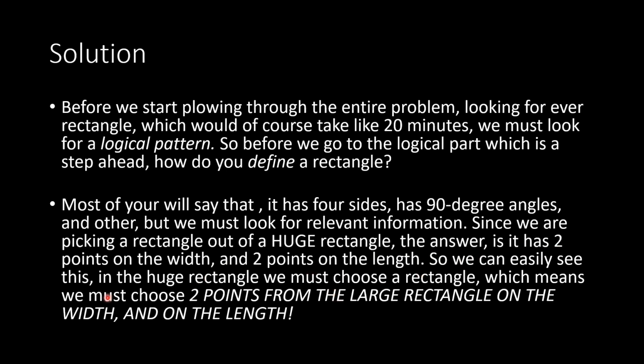So we can easily see this is the huge rectangle, and we must choose a rectangle, which means we must choose 2 points from the large rectangle on the width and on the length. To show you what I really mean, let me show you now. If I have a rectangle right here, this is the length and this is the width.